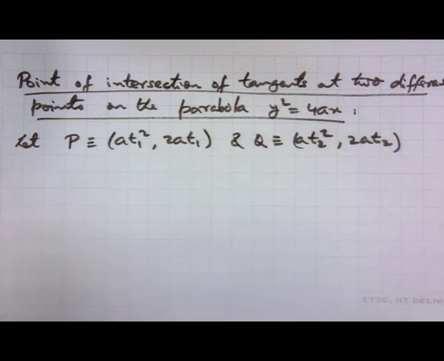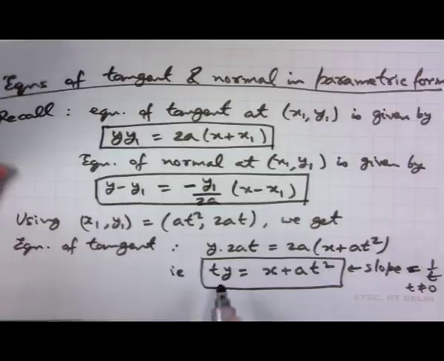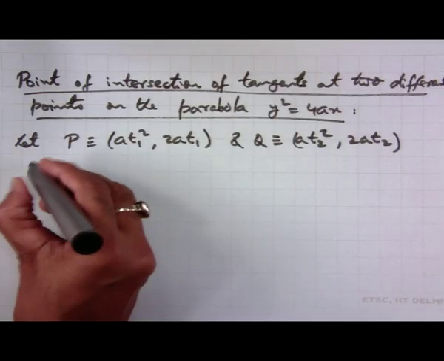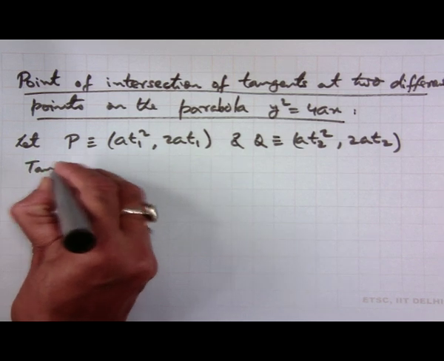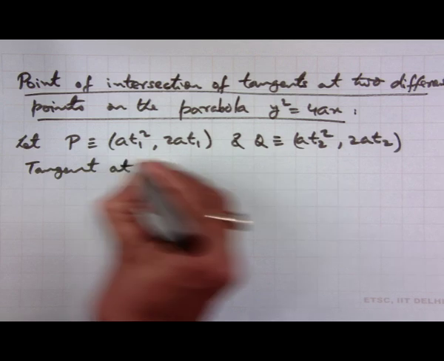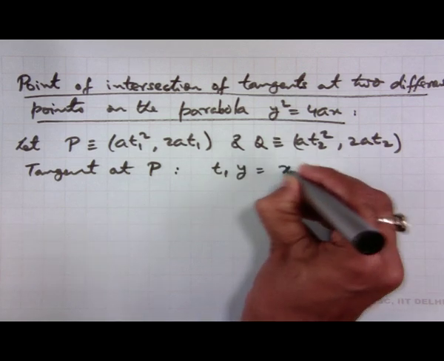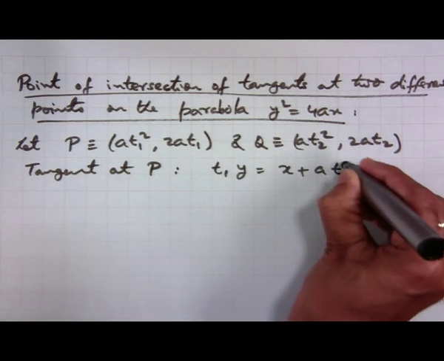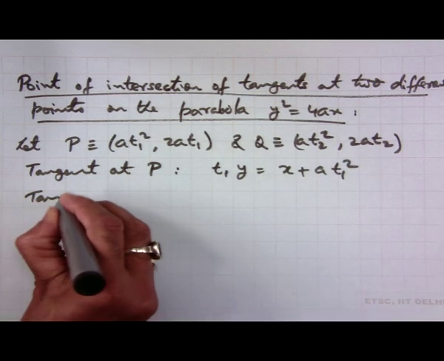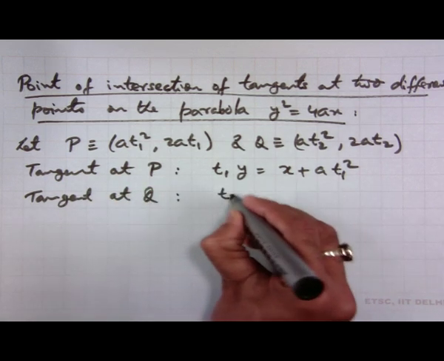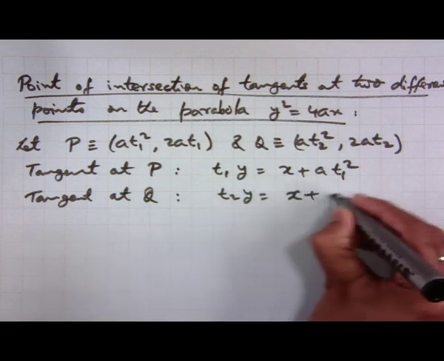Recall that in terms of this parametric form, the equation of tangent we have derived is t y equal to x plus a t square. So, the tangent at P is given by t 1 y equal to x plus a t 1 square and tangent at Q is given by t 2 y equal to x plus a t 2 square.